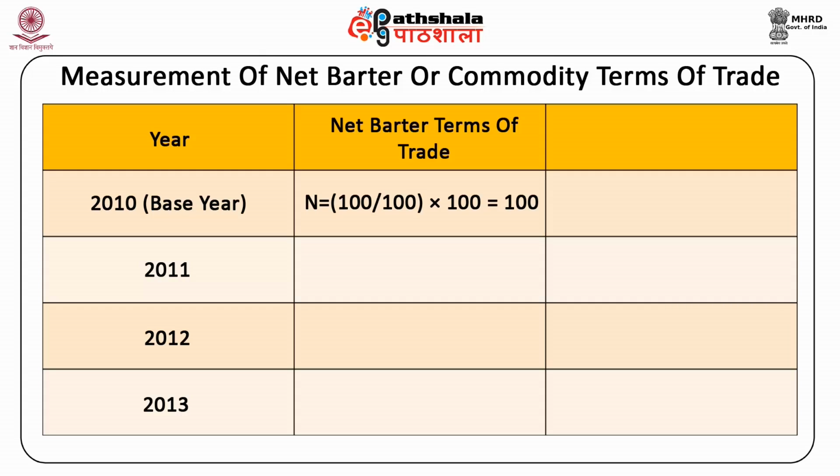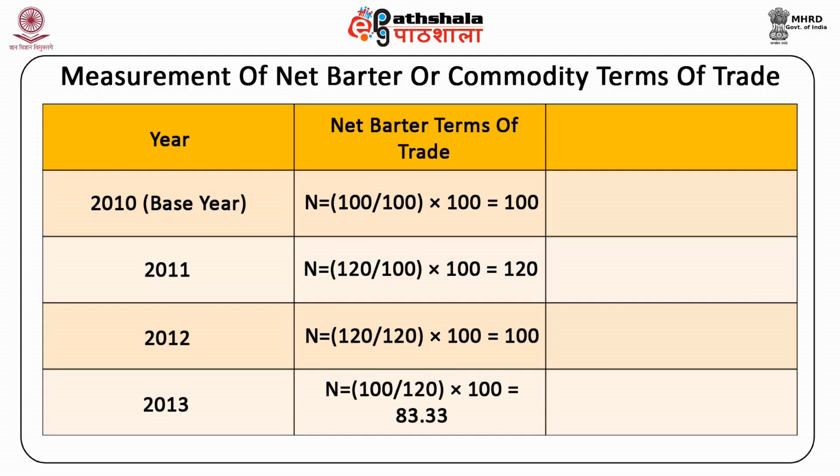which equals 100. For the year 2011, the net terms of trade will be 120 divided by 100 multiplied by 100, which equals 120. And similarly, we calculate for the years 2012 and 2013.